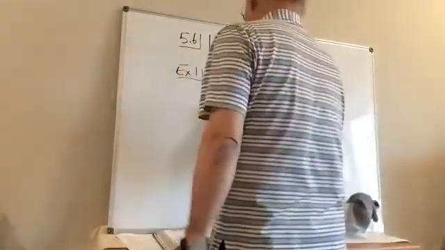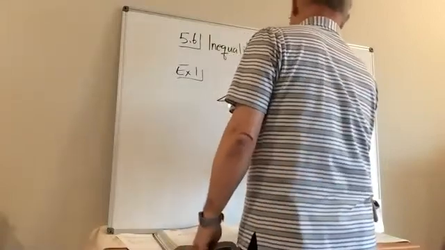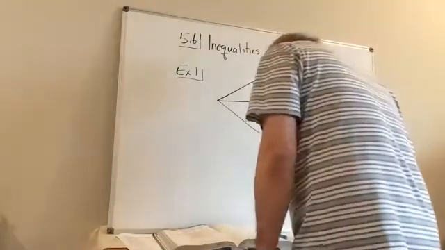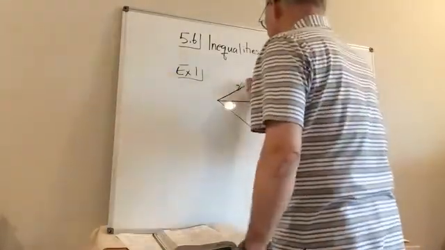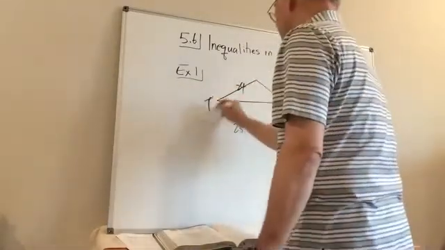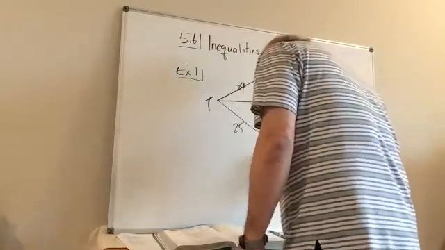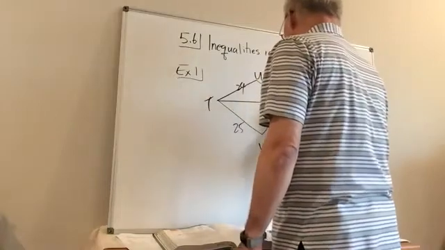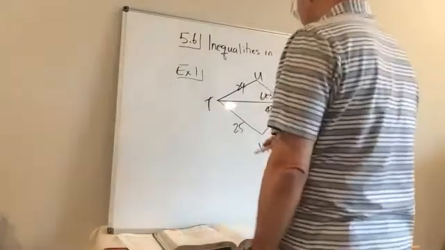We have 24, 25, T, U, V, W, 6x minus 3, and we have 45 here.